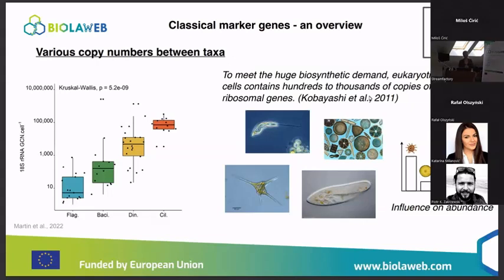It is illustrated in this picture, where you have the number of copies of the 18S genes in different groups of protists, flagellates, diatoms, dinoflagellates, and ciliates. And you see that you can have a very different range in copy numbers for those species. So it's something to have in mind when it comes to analyzing the abundance of those species, that it can influence the abundance at the end.